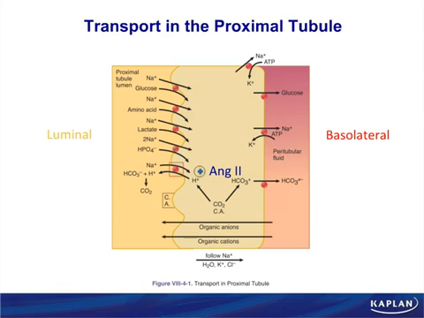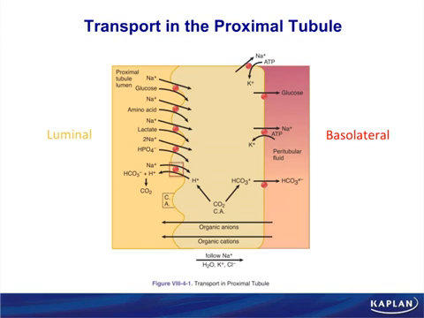Now, here's a very important point. What would happen if this carrier stopped functioning? If this carrier stopped functioning, you would get what we call a proximal or type 2 renal tubular acidosis. You would lose the ability to reabsorb bicarbonate.